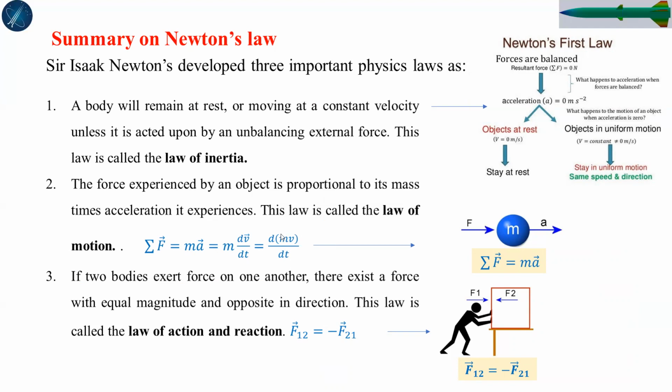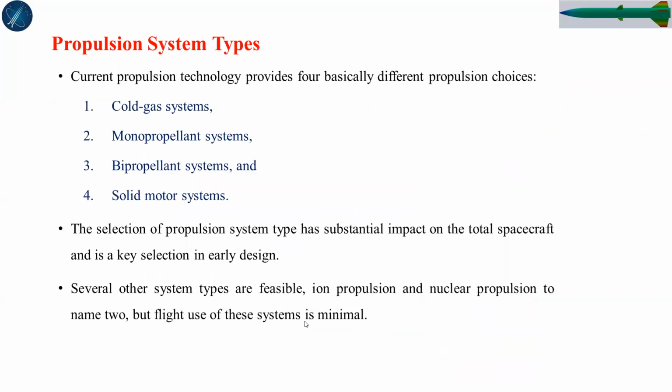Okay, so the second law is the law of momentum, that is the law of motion. So that allows an object to move forward because of the change in momentum. Okay, so the action and reaction law is also applied. Okay, so all three laws are there.